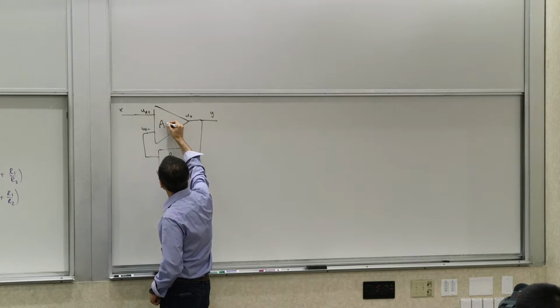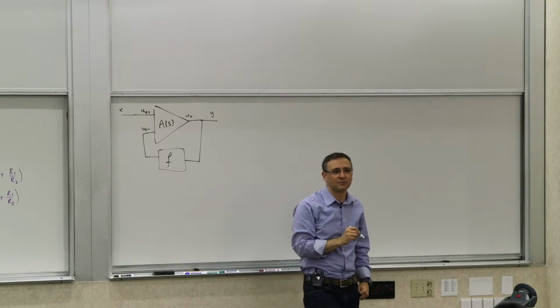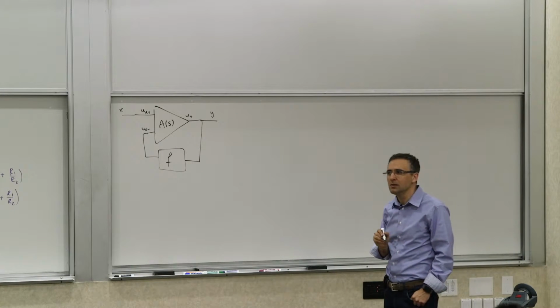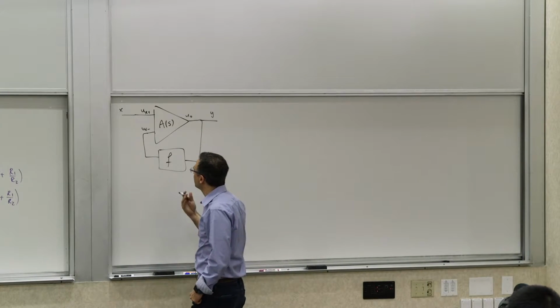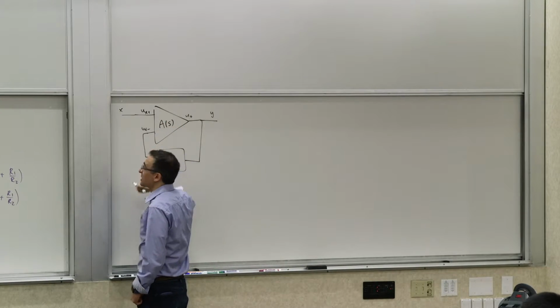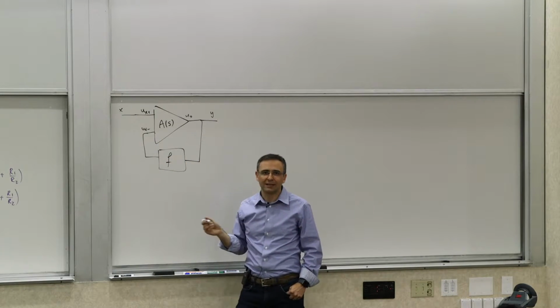Let's assume, for the sake of argument, that only your forward path has some dynamics, some A of S. If I just scale this up by k, the same way that we did before, we'll get the same result.